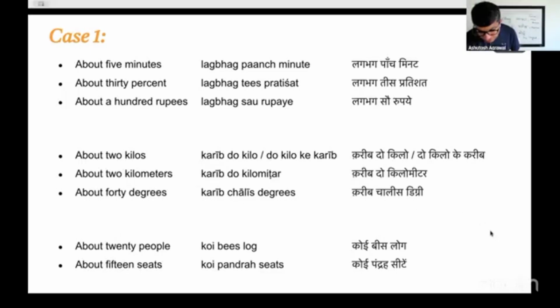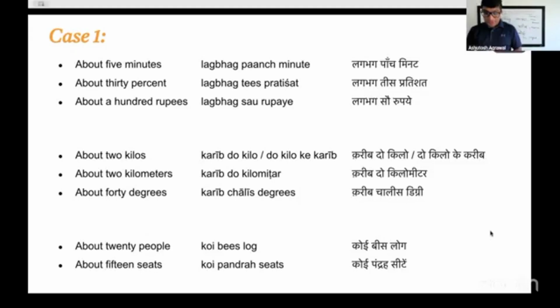Let's see who would like to do it. Josh, you want to read the next two? कोई बीस log. Very good. कोई 15 seats. Yeah, very good. So let's say I ask you to say there were about 20 seats empty in the bus.